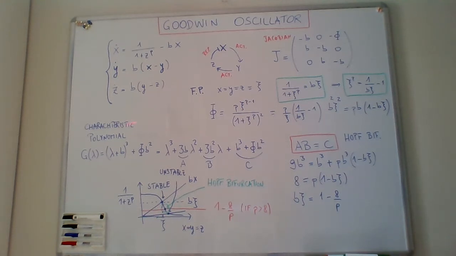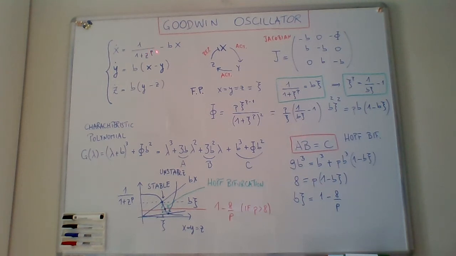So this is the typical analysis that one has to do to find out the Hopf bifurcation point. In this three-component system we have this cubic equation, and we have the condition a times b equal to c that we have to solve. Here we find that we will never have a Hopf bifurcation unless p is larger than 8.